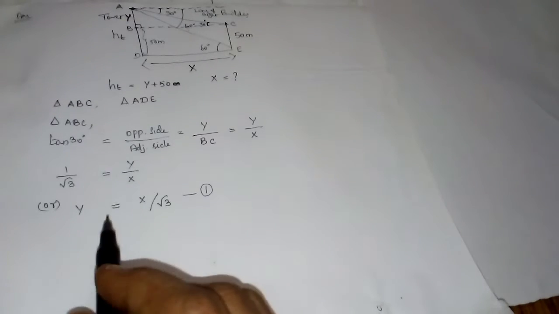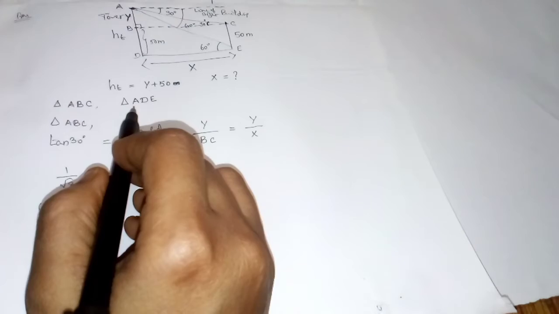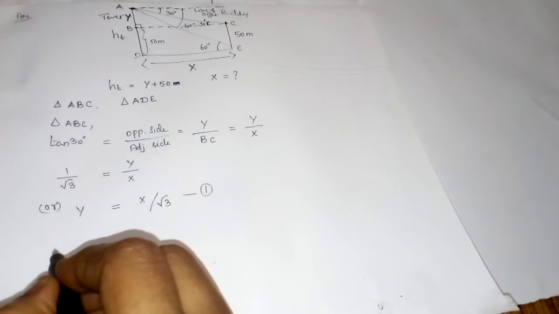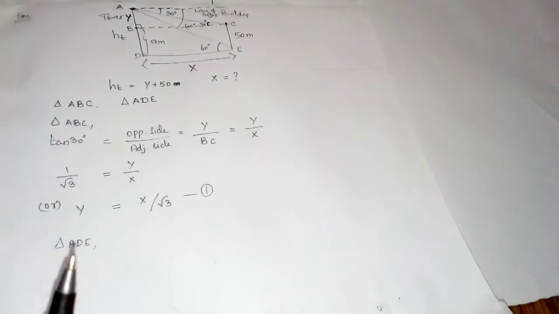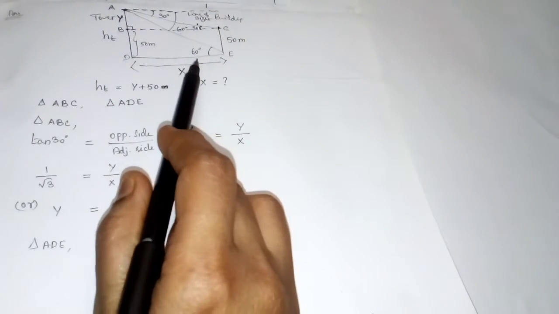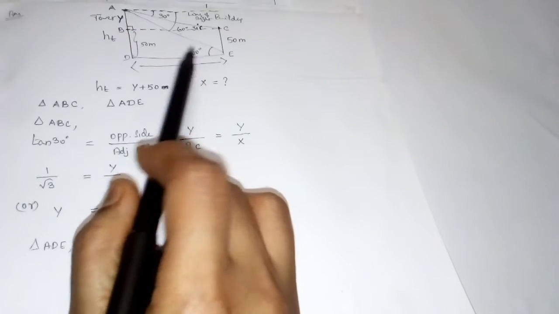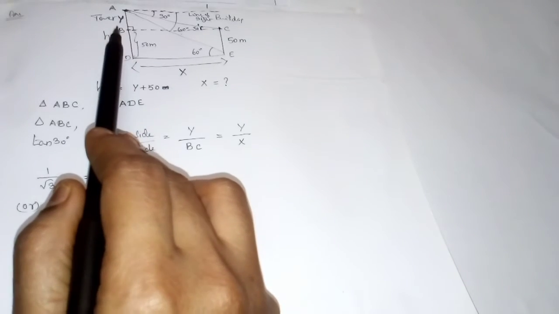Then you take the next right angle triangle ADE. From this, what is tan 60? Tan 60 is opposite side by adjacent side, but the opposite side is the height of the tower, which is y plus 50.